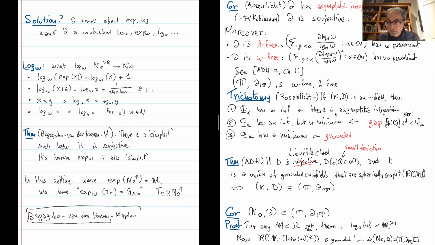Yes, lambda free and omega free means that you define a sequence of L alphas which behave like the sequence of log alpha omega in the real numbers.